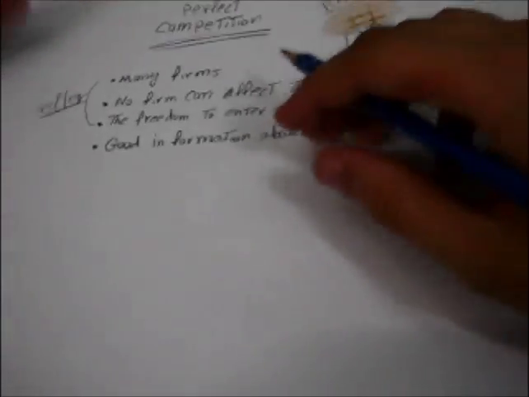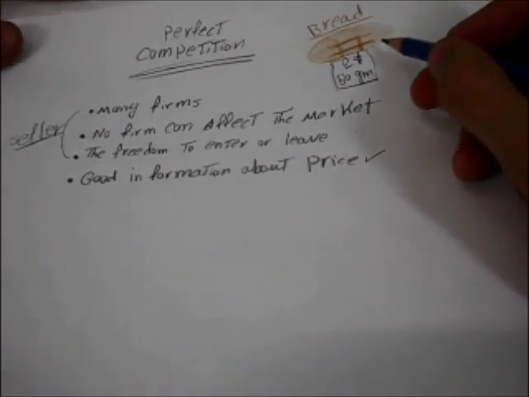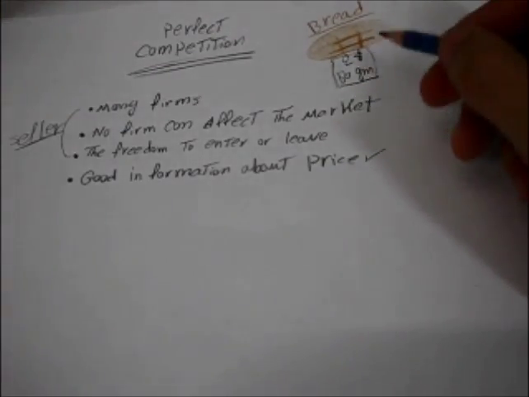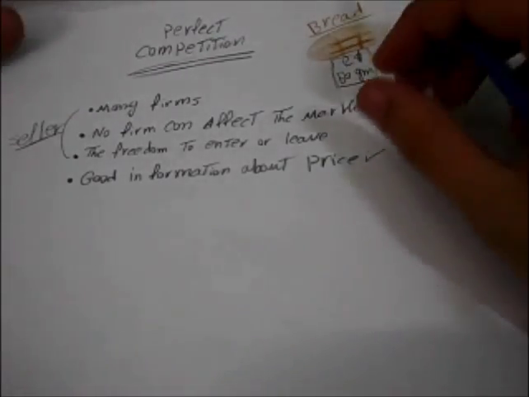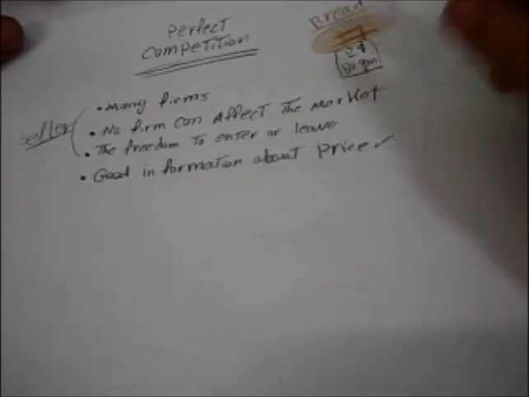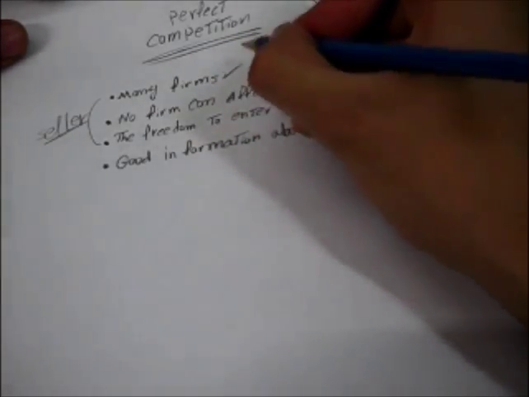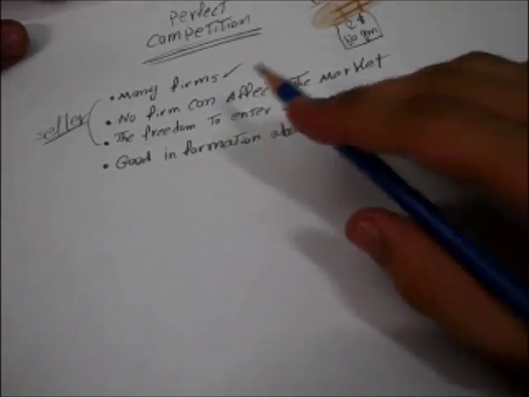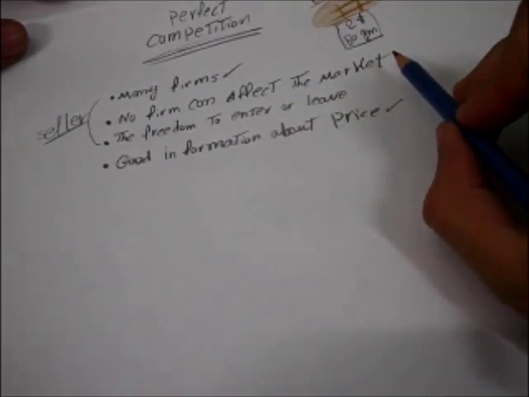Those 3 are related to the seller or the firm. The first is many sellers. For bread, for sure there is a huge number of sellers in Egypt, let's say. You can find a lot of bread sellers in the street. About the second one, no firm can affect the market.